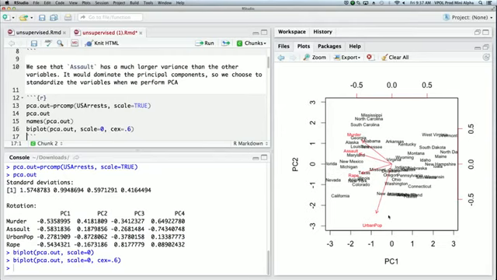And then the second axis we saw was mostly loaded on urban population. So this axis is really about whether the state has got a large urban population or not. And that also had a negative loading. So New Jersey has got a high urban population. Arkansas is on the lower side. Mississippi, North Carolina, much lower.